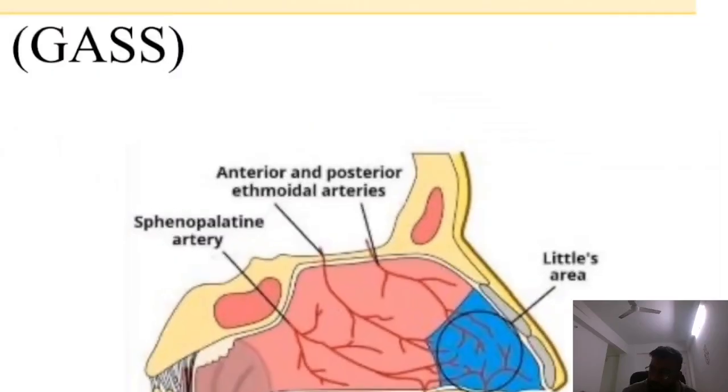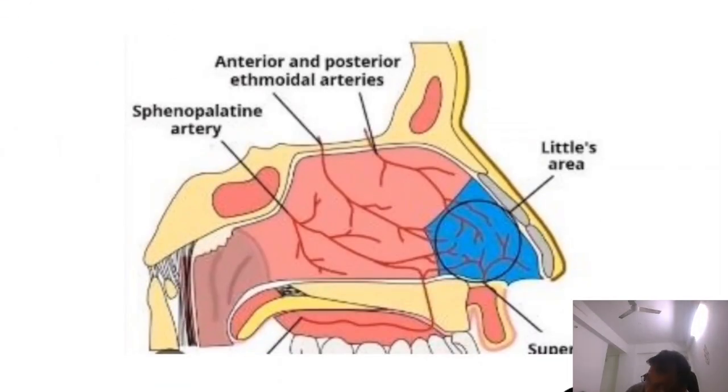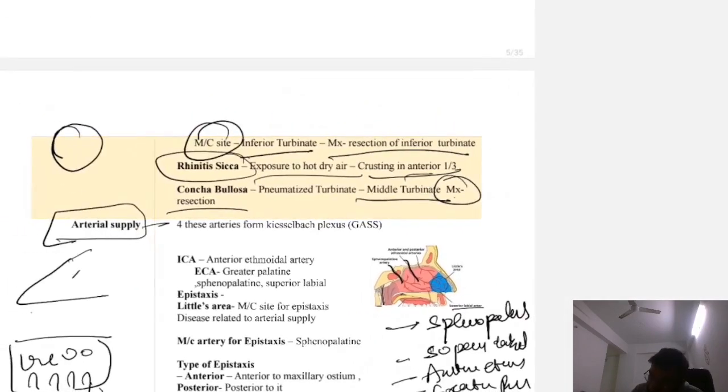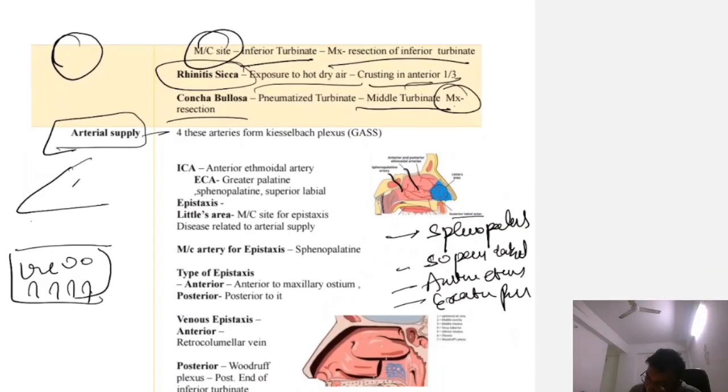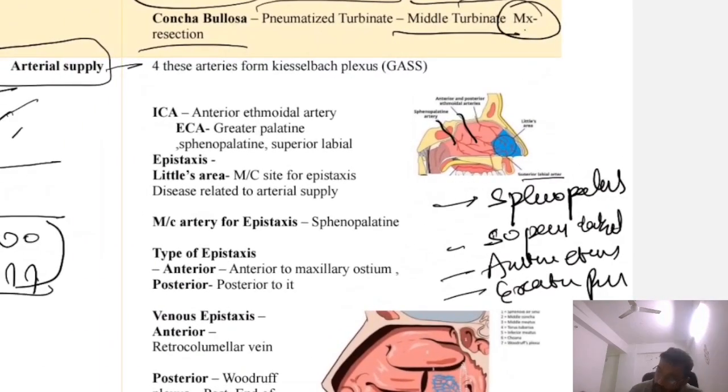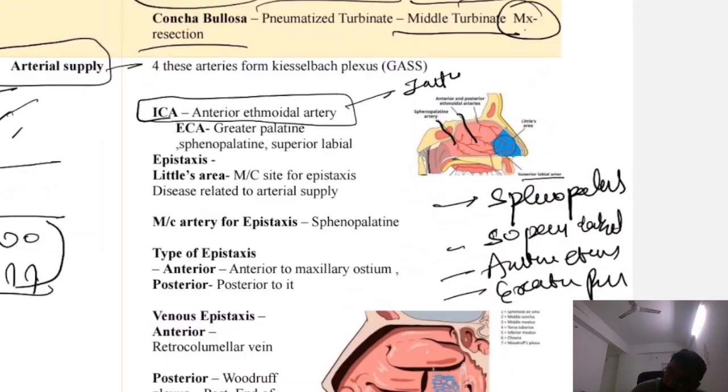You can see all the arteries, including the posterior ethmoidal artery. You have to understand the anterior ethmoidal artery is a branch of the internal carotid, and the other 3, greater palatine, sphenopalatine, and superior labial, are branches of the external carotid.